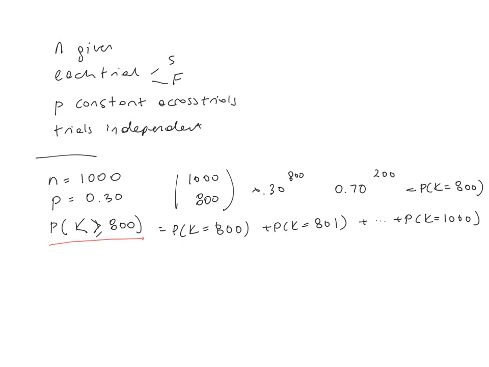It's just going to be very tedious to go through it using the binomial distribution, because the binomial formula, which is the probability that k is equal to some number, n choose k, p to the k, (1 minus p) to the n minus k, can only be used when you have an equal sign here, for exact probabilities, not for ranges, okay? So if you want a range, you would have to calculate exactly what the components of that probability are and add them up.